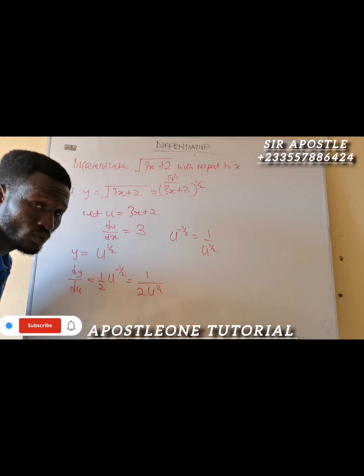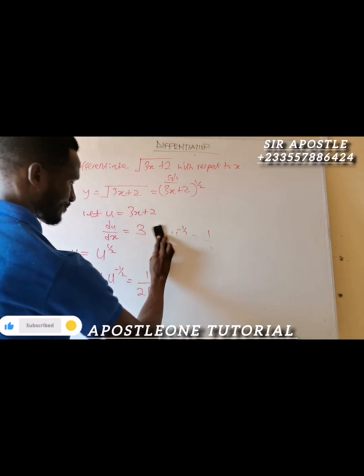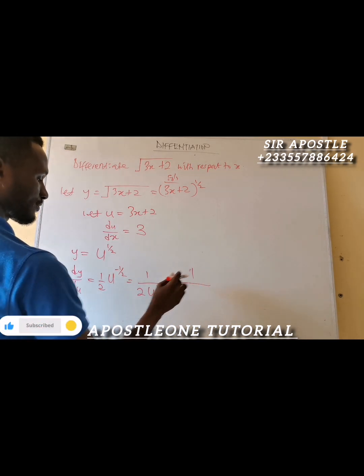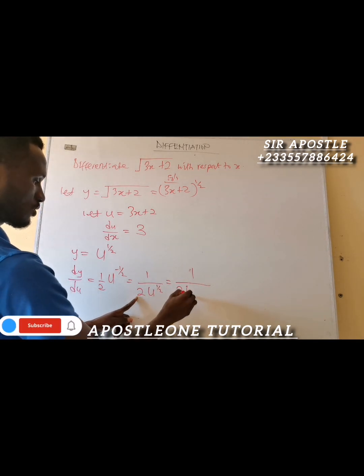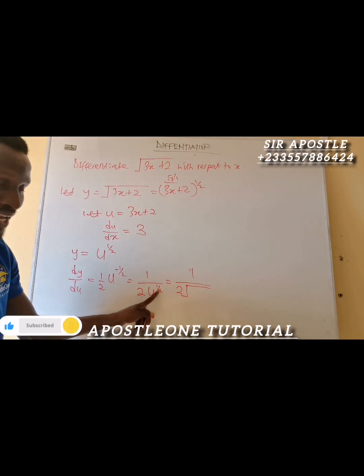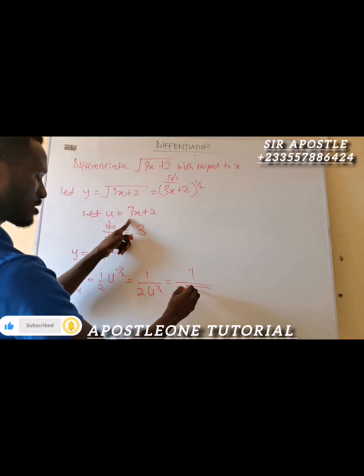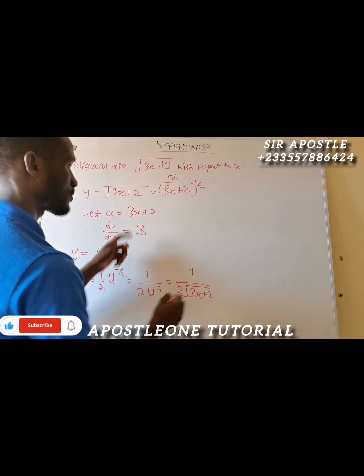And you know that 1 out of 2 is the same as the square root. So I'm going to get something like 1 over 2 root of u. What is u? U is 3x plus 2.